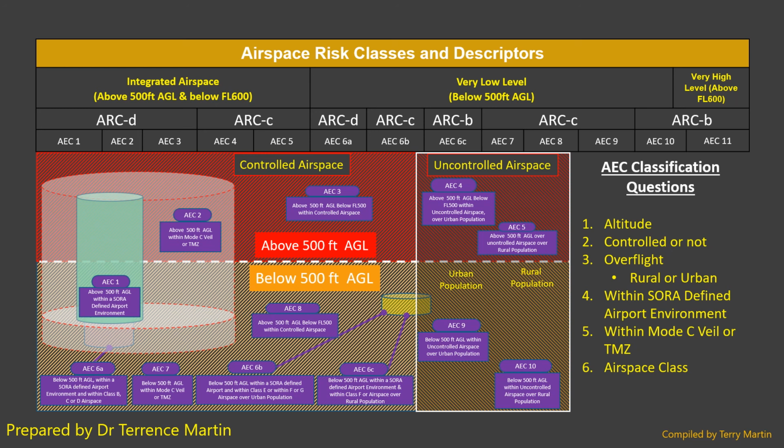Now, I mentioned that the AECs are typical environments, but the use of airspace, especially around airports, may result in something that's more or less dynamic than what the AEC determination qualitatively prescribes.